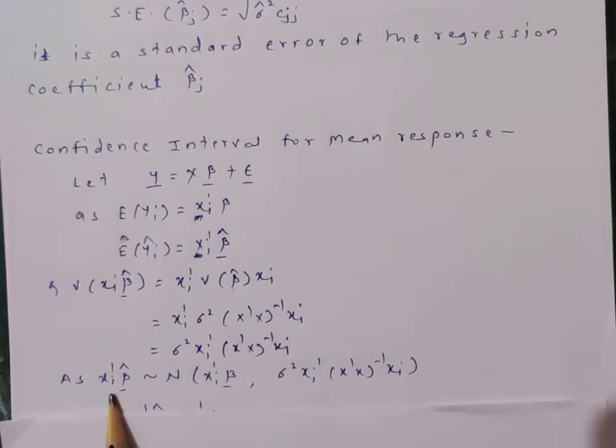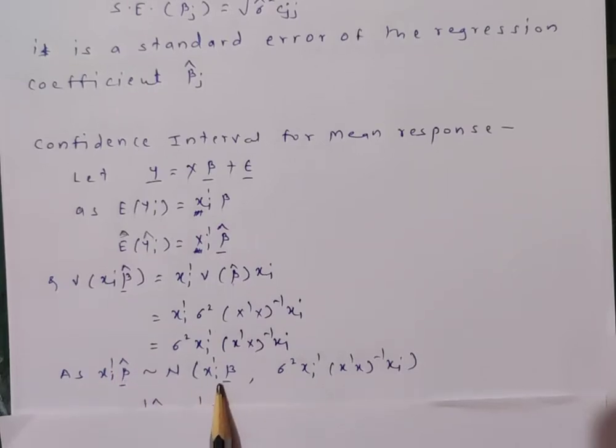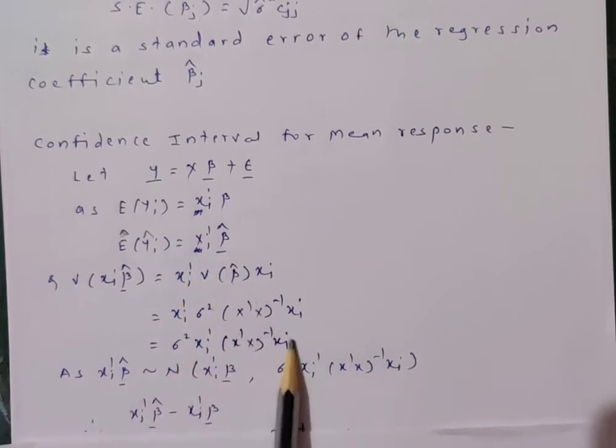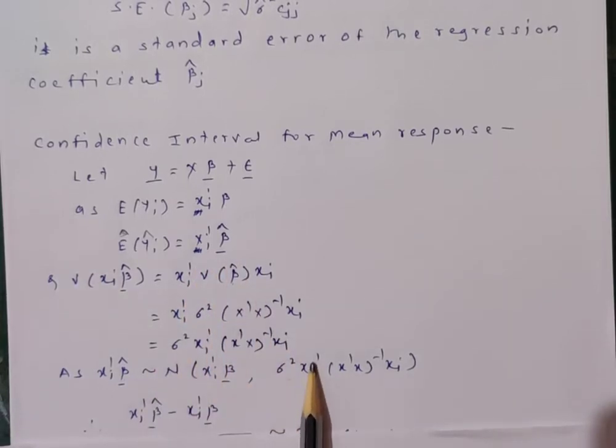So xi prime beta hat follows a normal distribution with mean xi prime beta and variance sigma square xi prime x dash x inverse xi.